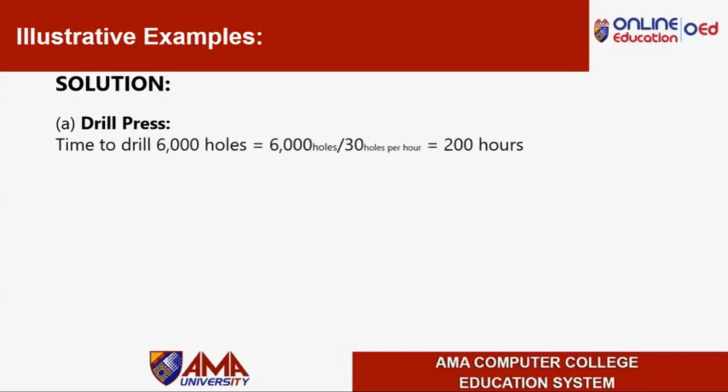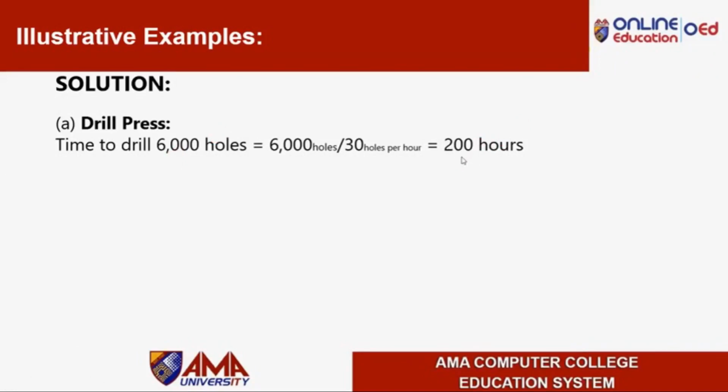So the time to drill 6,000 holes is equal to 6,000 holes divided by 30 holes per hour, which can be done by the operator. So the operator can finish 6,000 holes within 200 hours.